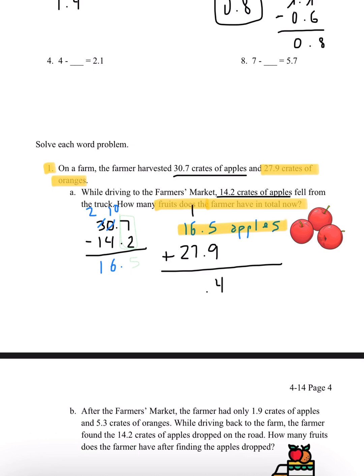Bring the 1. 6 plus 7 is 13, plus 1 is 14. Bring the 1 over again. 2 plus 1 is 3, plus 1 is 4. So the total number of fruits the farmer has is 44.4 crates of fruits in total. And that's our answer.